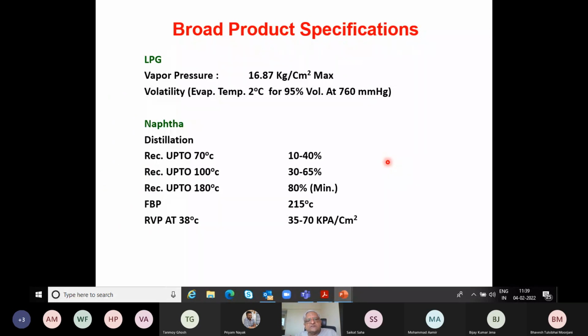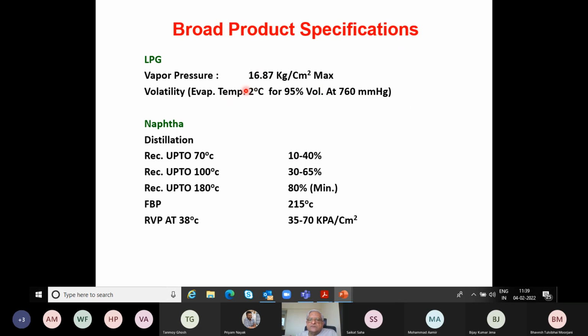I think I've already discussed the vapor pressure of LPG. I do not know whether you've seen the stampings on the red cylinder at home which the oil companies deliver. If you see the stamping on that, you will find that there is a design pressure and the vapor pressure of LPG also given.